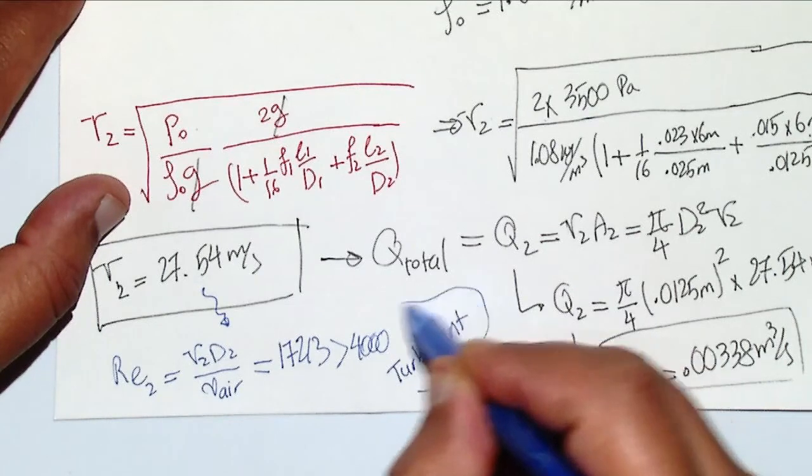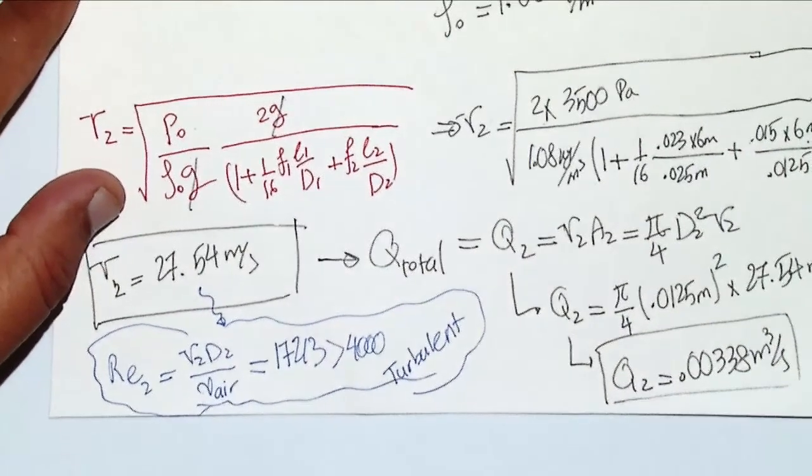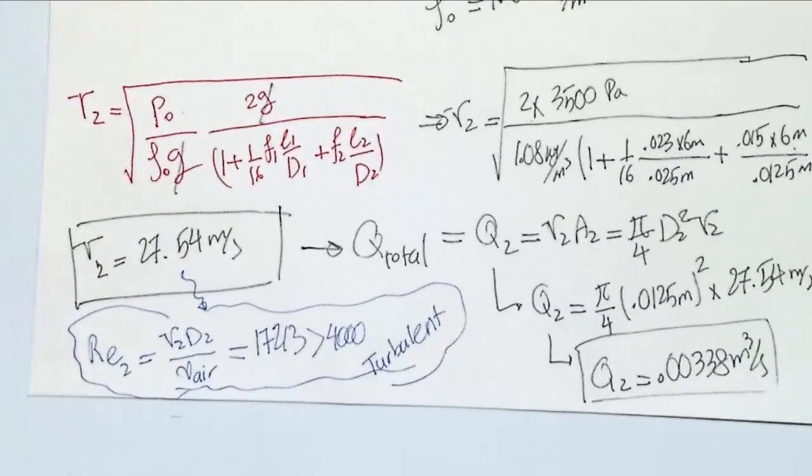That's why you don't need to check it right now, because the question didn't ask whether the flow is turbulent or not. But if the friction factors are not given, then make sure you check the Reynolds number to see whether the flow is laminar or turbulent. If it's laminar, then you have an equation for that, because 64 over Reynolds is going to be your friction factor, and you need to calculate the Reynolds number to put it there and find the friction factor.